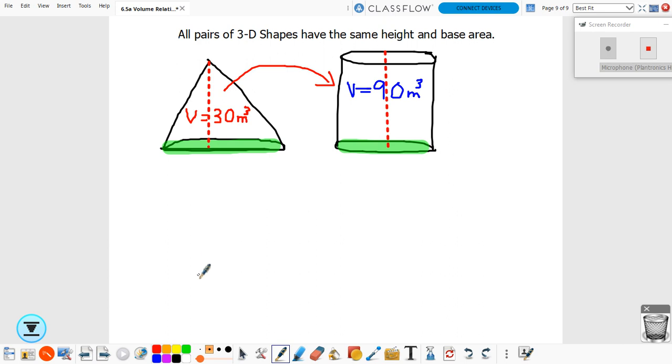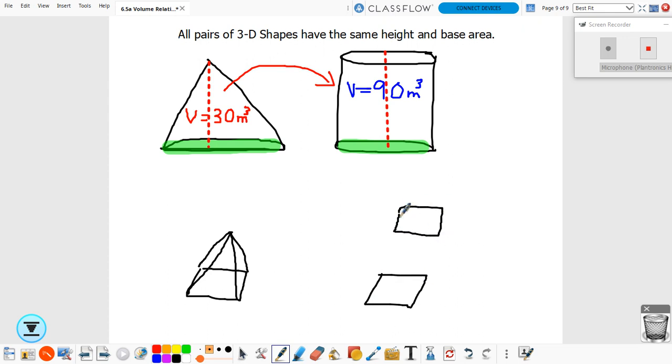That is not great at all. And then we'll connect. It's not that great, but I think we get the idea here. We have that pyramid, or lack of pyramid, and then we're going to have some sort of prism here. Believe it or not, these two shapes have the same base area and height. They do, I promise.